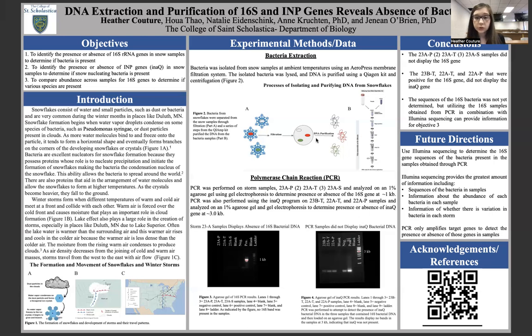So we used a Qiagen kit to kind of remove any other contaminants and lyse open the bacterial cells to extract the bacterial DNA that we want to analyze and identify in our experiment.